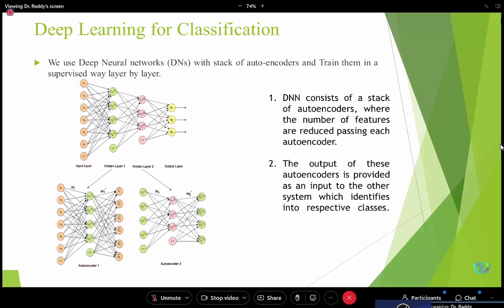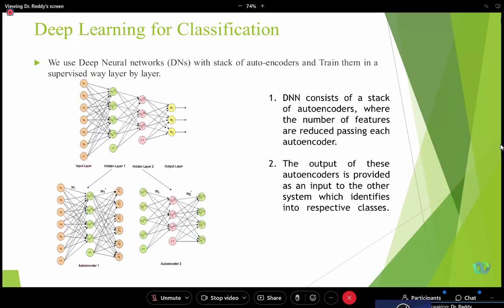And when these precast features are not available, you can use deep learning with a stack of autoencoders. Like each hidden layer has one autoencoder. Then what happens in these deep learning architectures? Hidden layer 1 has autoencoder 1, hidden layer 2 has autoencoder 2, and so on. Using this stack of autoencoders, we train them in a supervised way with layer by layer learning.